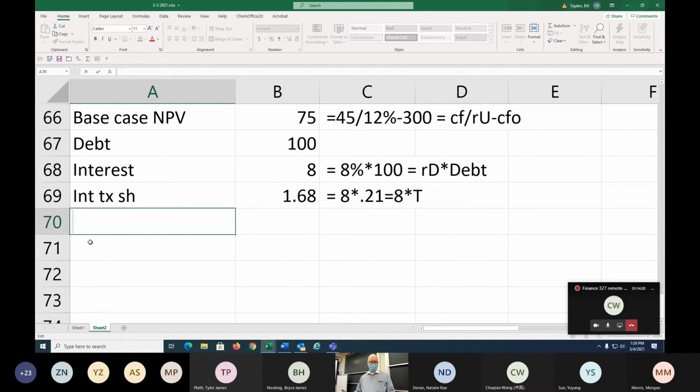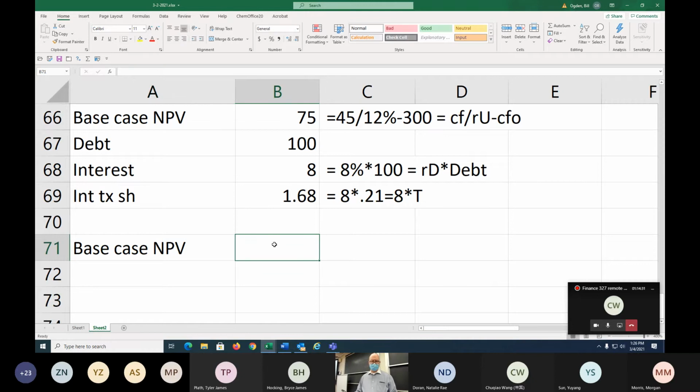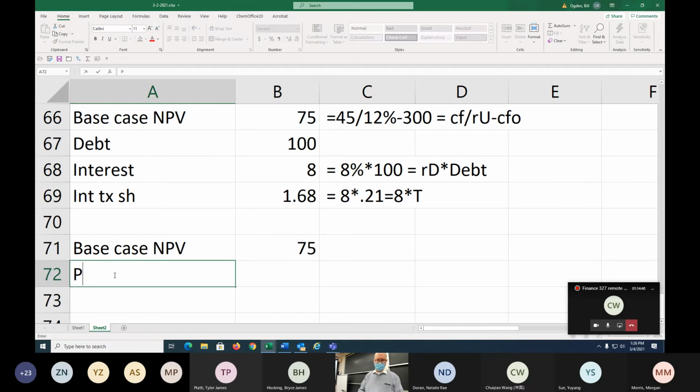Okay, can't do it. So what I want first is my base case NPV. There's no constant rebalancing here, right? Okay, so base case, I'm sorry, we did that already. Okay, that's fine. Okay, now we'll do the present value of the interest tax shields. Discount those at RD.